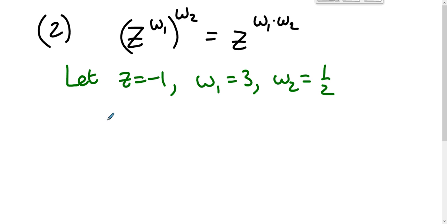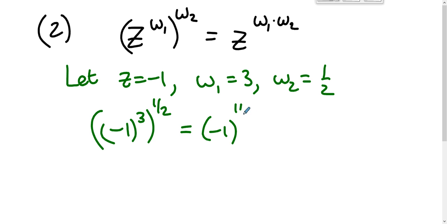Well, negative 1 to the third, to the 1/2. Well, what's that? Negative 1 to the third is negative 1, and negative 1 to the 1/2, that's i.